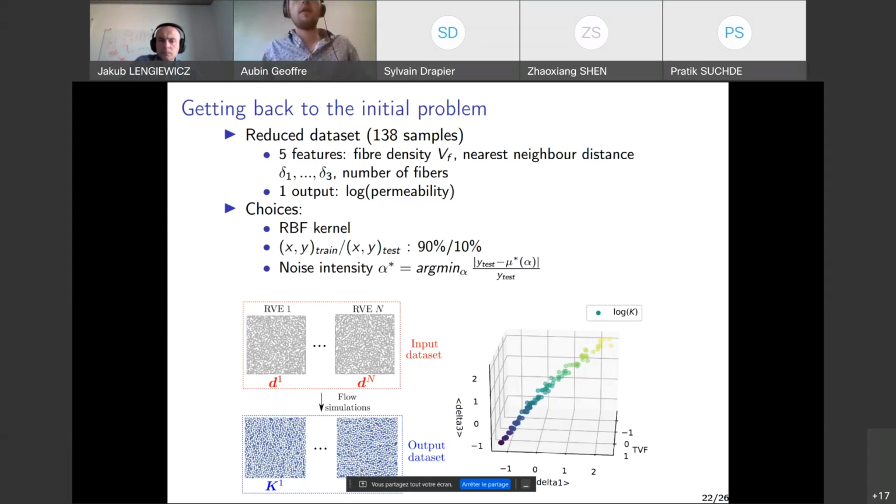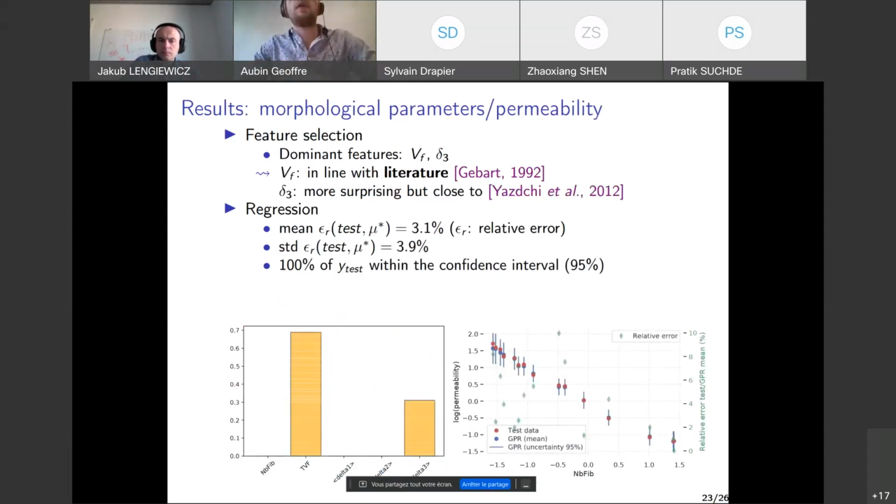With the same methodology, we have these results. It appears that VF, the fraction of fiber, is the dominant feature with respect to the permeability, which is in line with the literature.